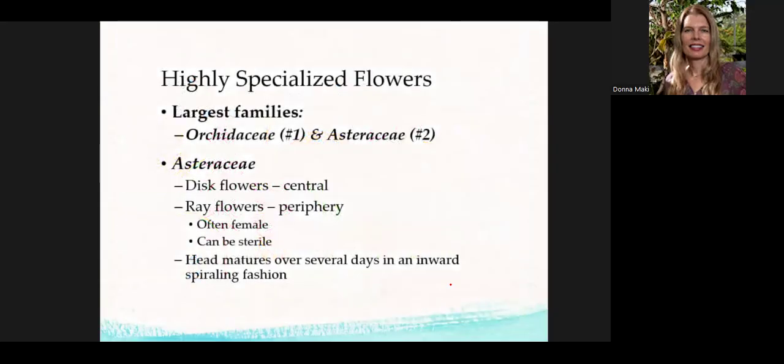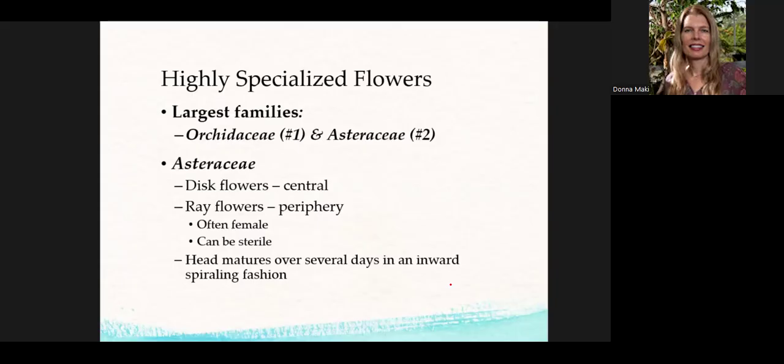I'm just going to focus in and give you a taste of the Orchidaceae and the Asteraceae because they're the largest two families when you look at all the families of the angiosperms. With the Asteraceae, you tend to see so-called disc flowers and ray flowers, and we're thinking here about inflorescences.